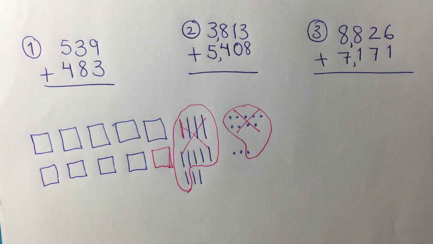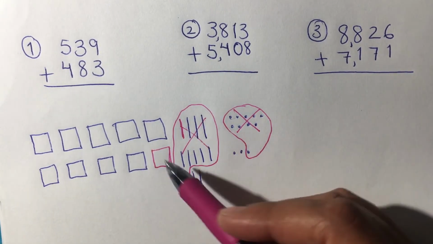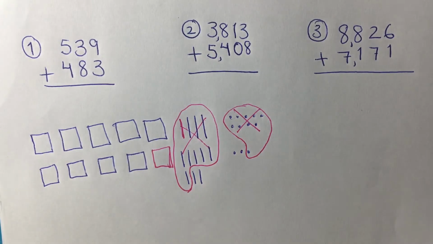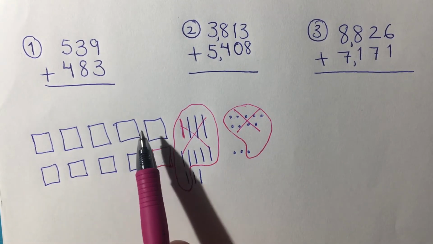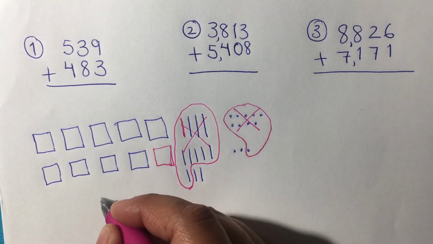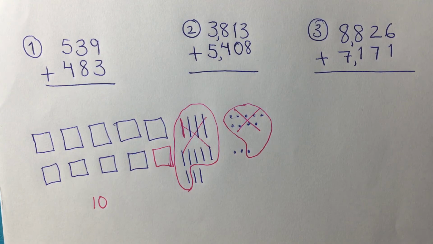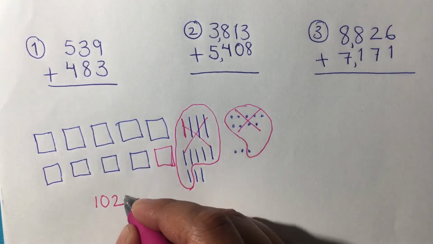Notice that I crossed those out because I exchanged it. I still have the same amount of money, but I have it in here. So how much is that? I have 1, 2, 3, 4, 5, 6, 7, 8, 9, 10 in the hundreds place, 1, 2 in the tens place, and 1, 2 in the ones place.